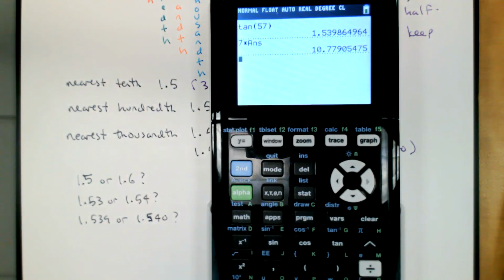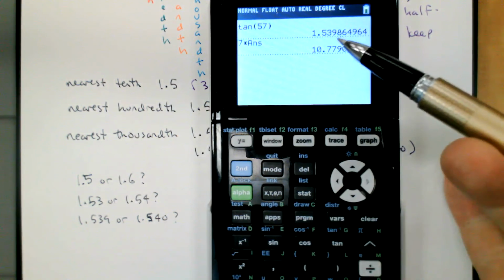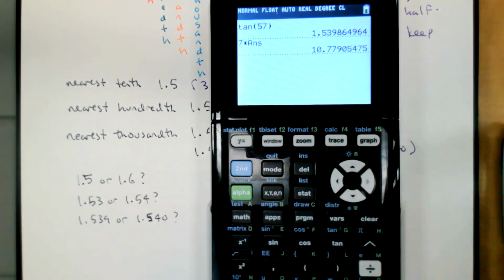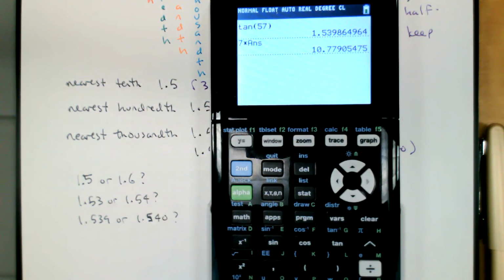Eventually, you'll get a sense about how many digits you need. So knowing that the final answer has to be rounded to the nearest 10th, you'll probably be fine with just doing 1.53540 and using that in your calculations.